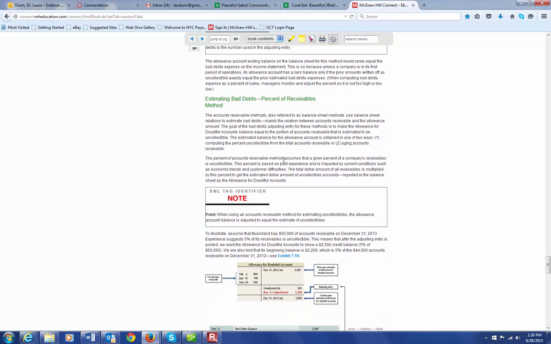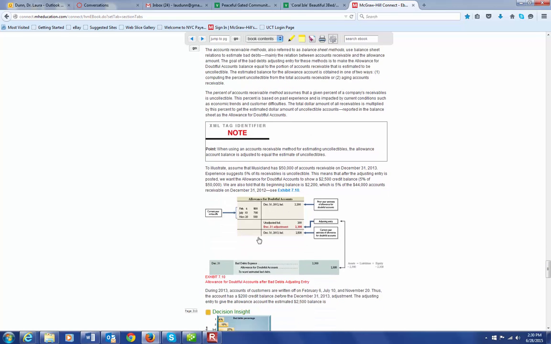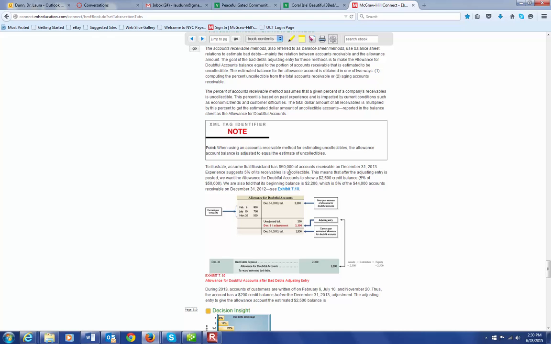So the percent of accounts receivable method assumes that a given percent of a company's receivable is going to be uncollectible. So at the end of the year, let's just use this example here. Musicland has $50,000 in accounts receivable at the end of the year, and their experience has told them that 5% of that will be uncollectible.